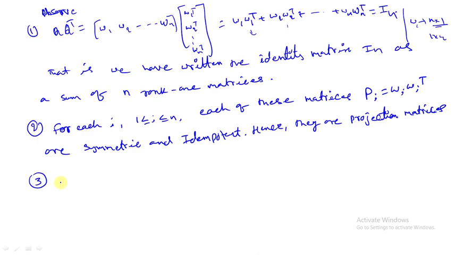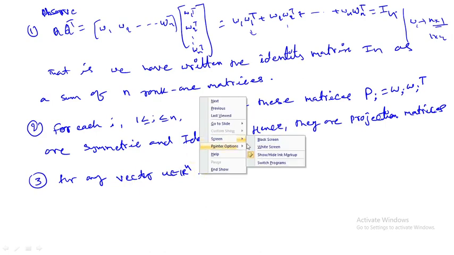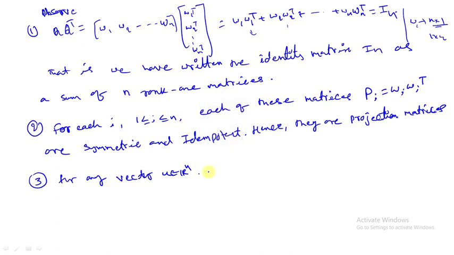Now take any vector u belonging to Rn. Note that this Pi u equals Wi transpose u times Wi. This Pi is the projection.